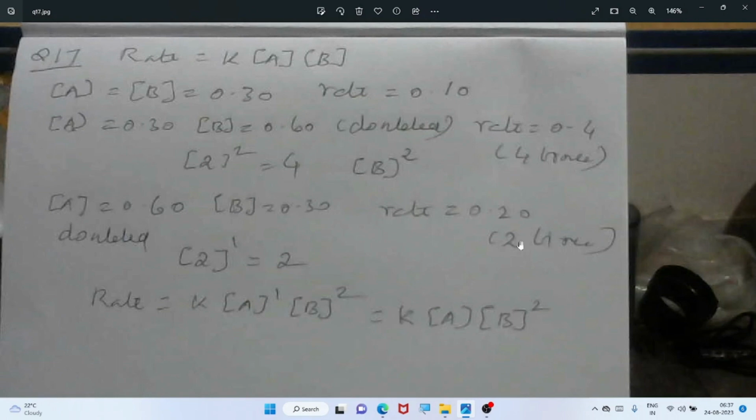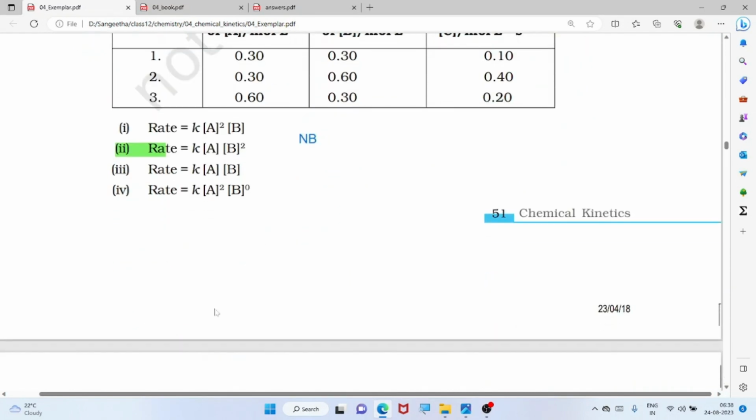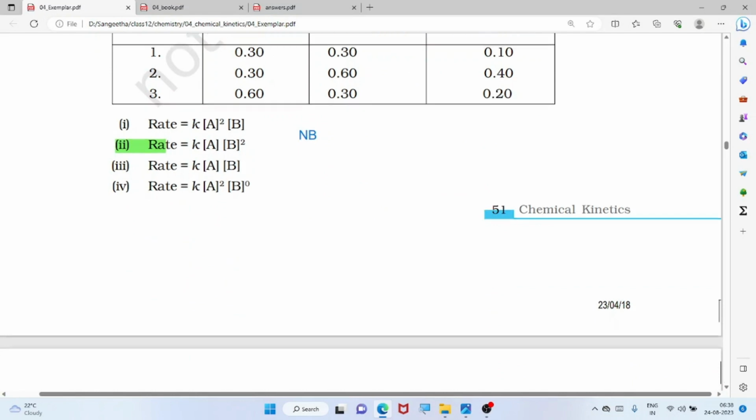This is 2 times only increasing by doubling the concentration. So now B power 2, A power 1. This is how we find the rate. Okay, this is the one. B power 2, A power 1.